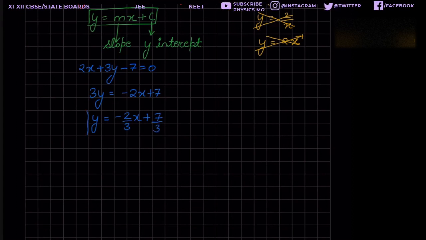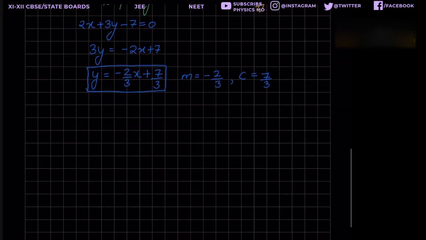This is the kind of equation you will get, from where you can conclude that its slope, which is m, is minus 2 by 3, and its y-intercept, which is the c value, is equal to 7 by 3. These are the two values. In all cases, you just have to check what is the value of m and what is the value of c.